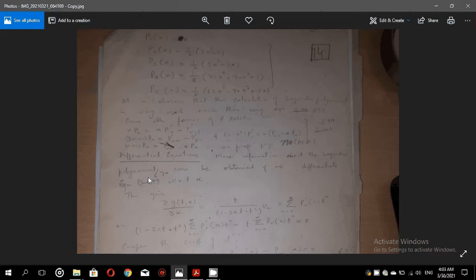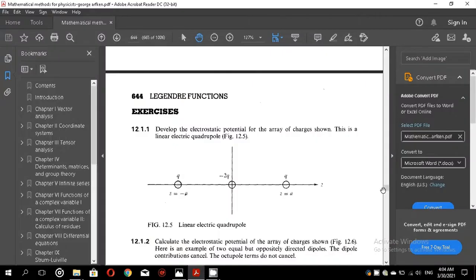I think we have already discussed this page. Now on the next page, page number 15, we have done a few verifications, a few proofs which you must go through. However, on page 16, let me show you page number 16.